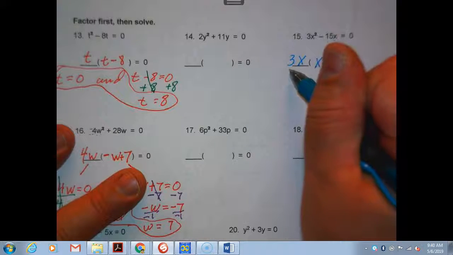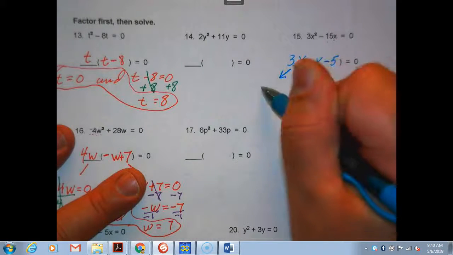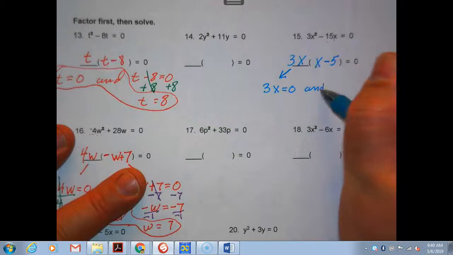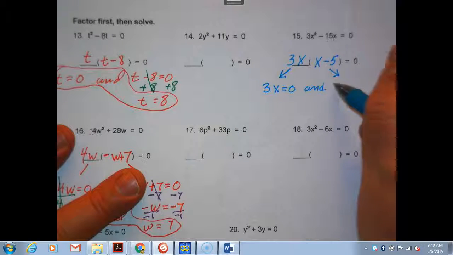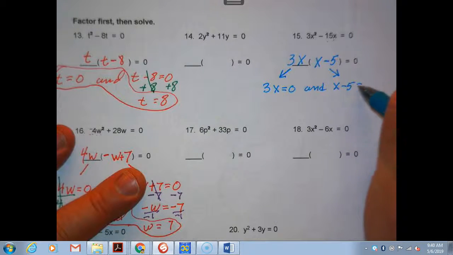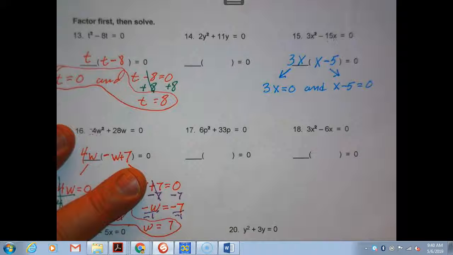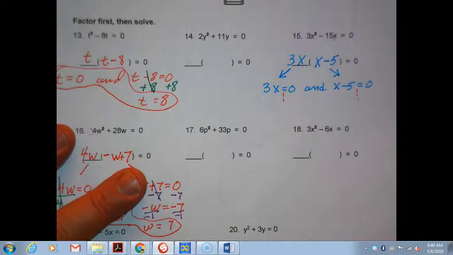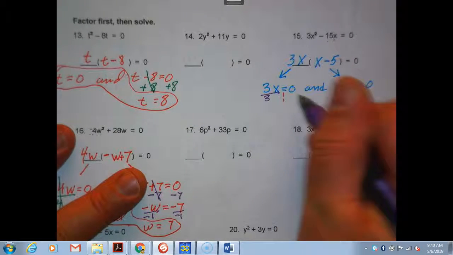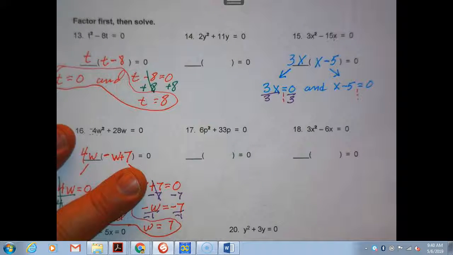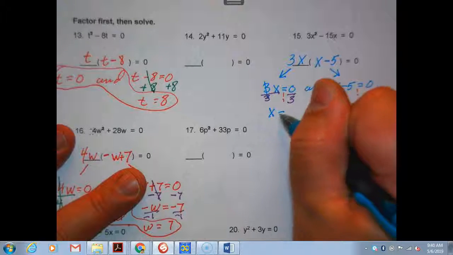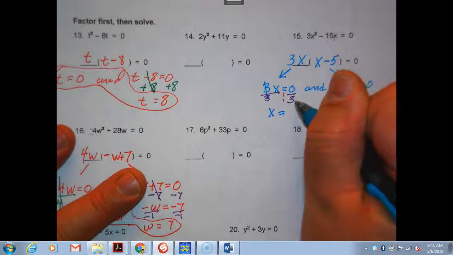And now that it's factored, set each factor equal to 0, and solve each of these for x. I'm going to divide by 3. 3 cancels, 1 times x. 0 divided by 3.